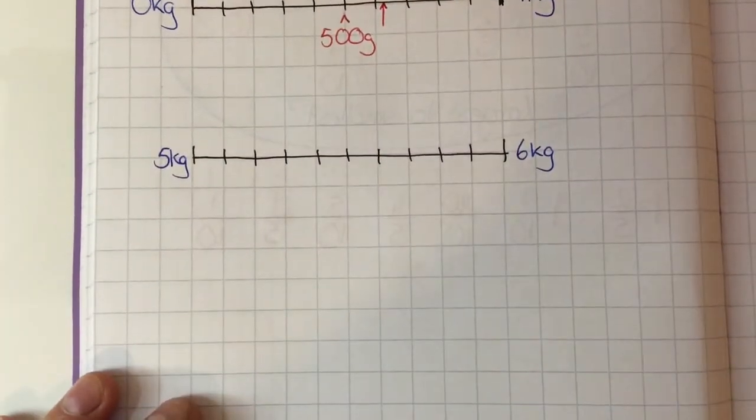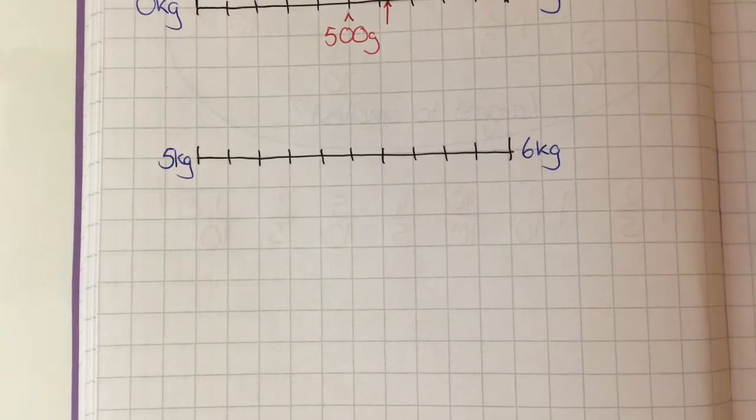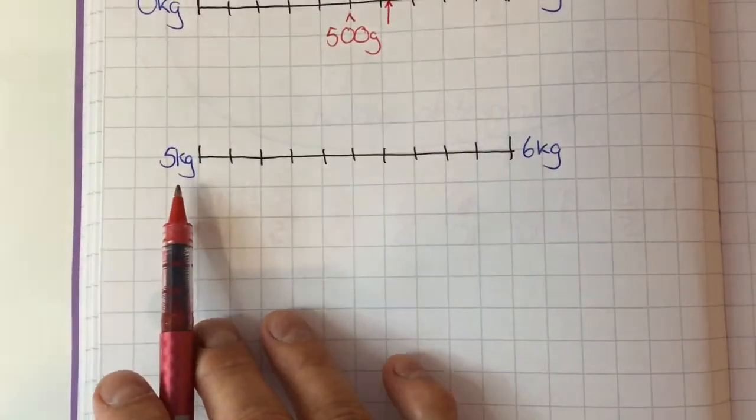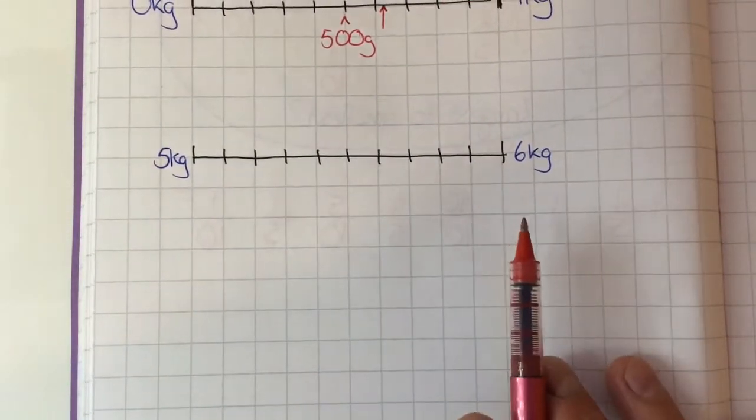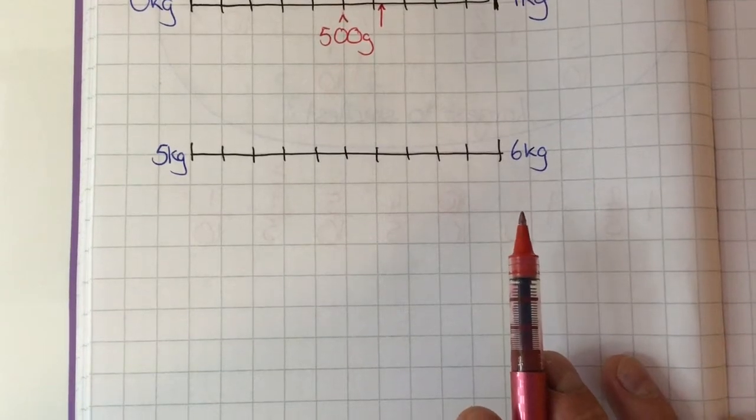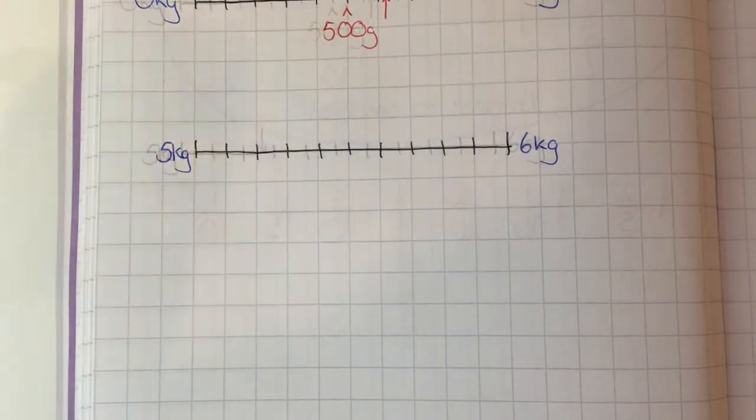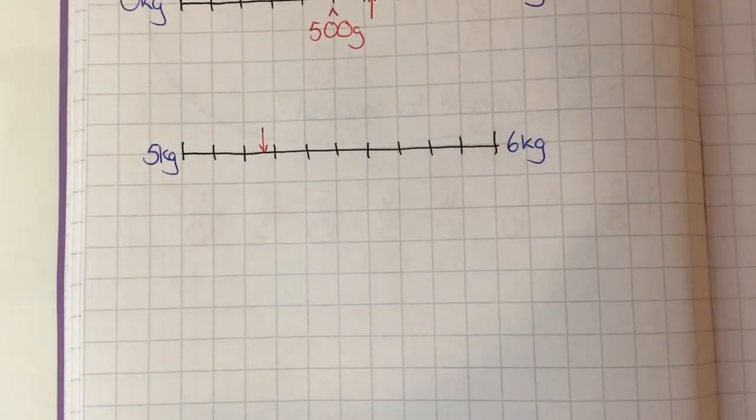Let's have a look at our next diagram then. Now this time we're not starting at 0 kilograms, we're starting at 5 kilograms and going all the way up to 6 kilograms up here. Have a look at the diagram now. I've put an arrow on. Now, my question here is, what is the measurement that the arrow is pointing to the nearest 100 grams?